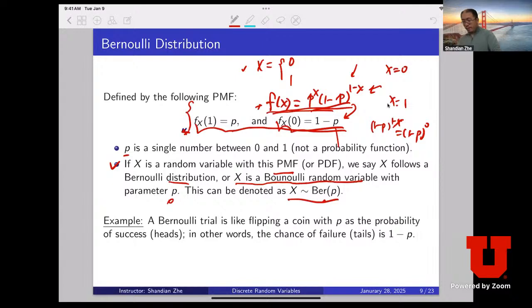So what does it mean, right? A very concrete experiment you can associate with the Bernoulli distribution is flipping a coin. You can view seeing heads up as a success, which means your random variable takes the value 1. And when you see tails up, you can view it as a kind of failure, and your random variable then takes the value of 0.